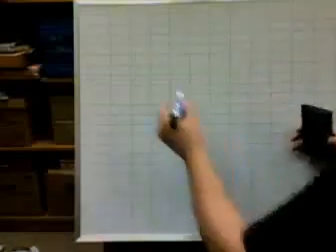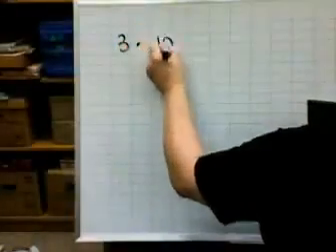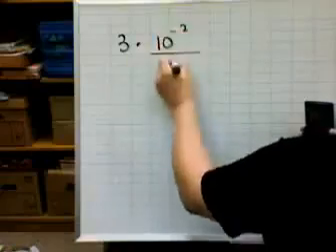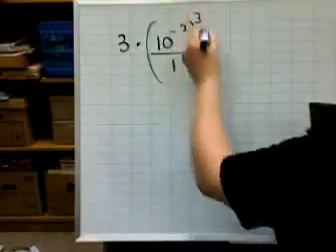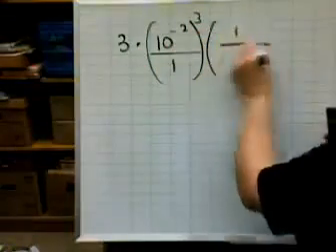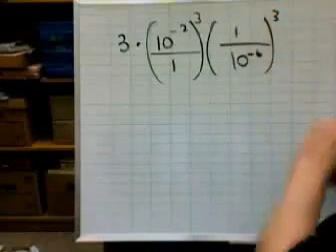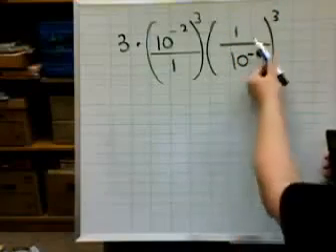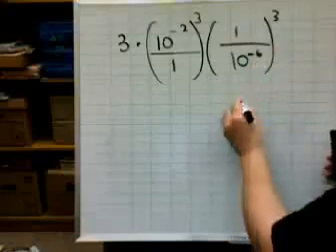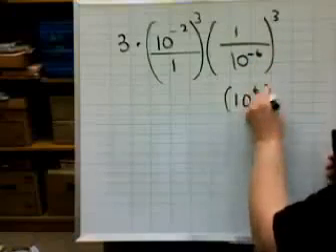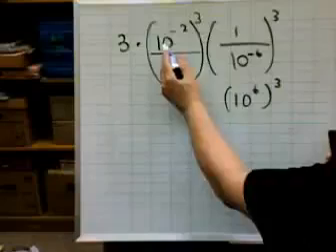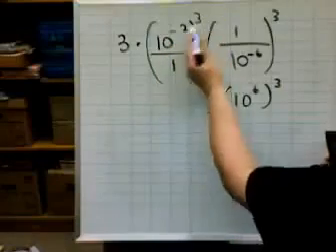And then this last one, we've got 3 times 10 to the negative 2 over 1 quantity cubed times 1 over 10 to the negative 6 quantity cubed. And you can do a couple things here. We could notice that 1 over 10 to the minus 6 would be 10 to the plus 6, and then that's cubed. So this would be 10 to the minus 2 to the third power.